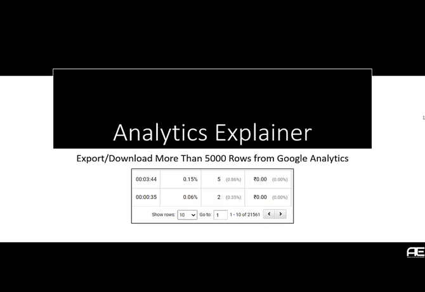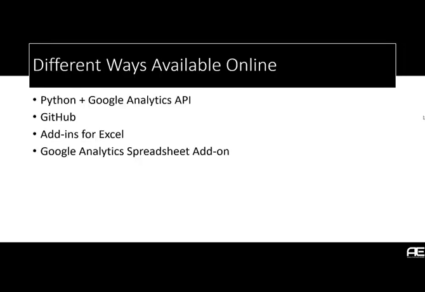Let's have a look at the various ways that you can find online to download more than 5,000 rows from Google Analytics. To start with, Python plus Google Analytics API. I'm sure most of you know that Google Analytics has its own API and it can be easily integrated with Python programming.